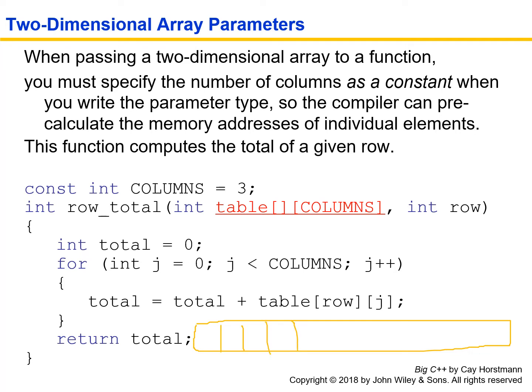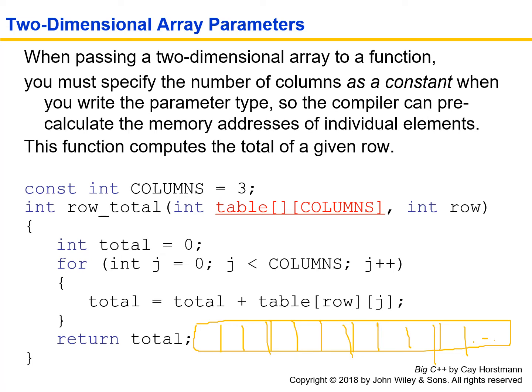And there's nothing marking where a new row starts. So if we have, in this case, 3 columns, then you have to tell the computer that 1, 2, 3, here's a new row, 1, 2, 3, here's a new row, 1, 2, 3, here's a new row, and so forth.